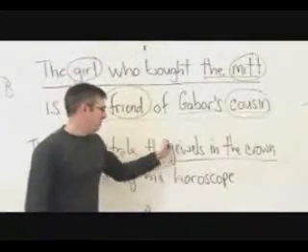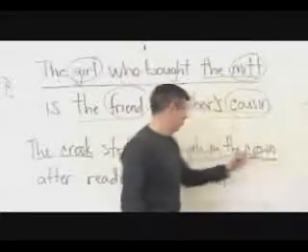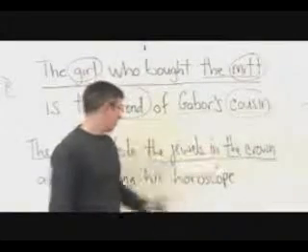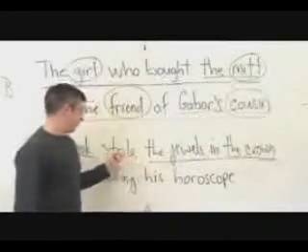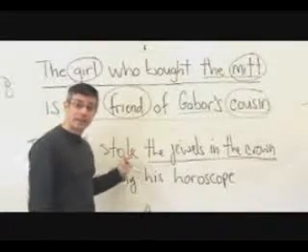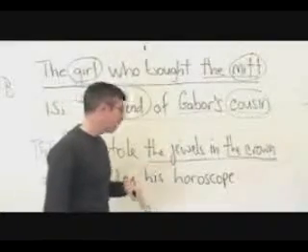So the jewels in the crown, again, the crown, that's another nominal phrase within this nominal phrase. It's the object of the preposition, whereas this phrase, the jewels in the crown, is functioning as the direct object of stole. Stole what? The jewels in the crown.